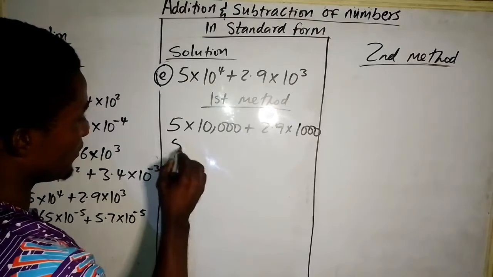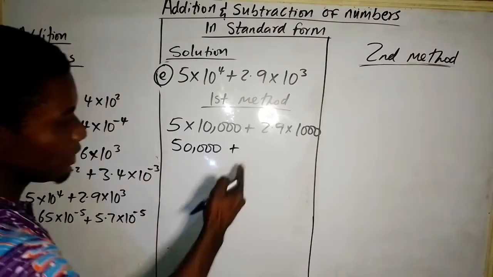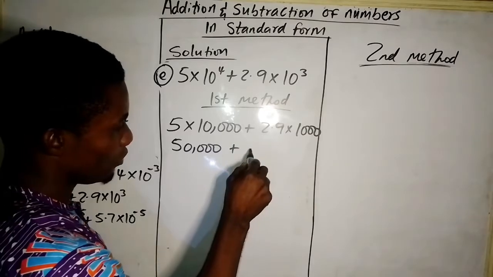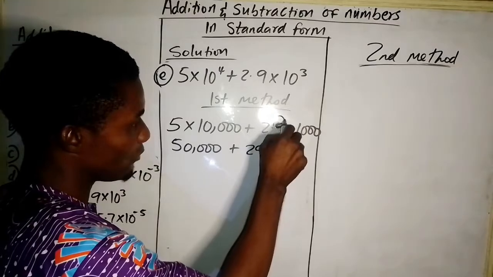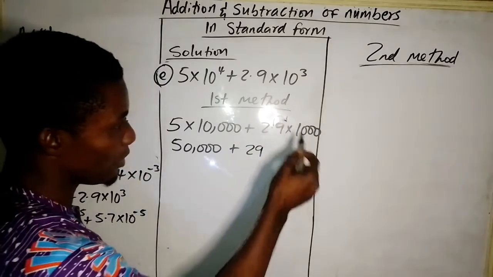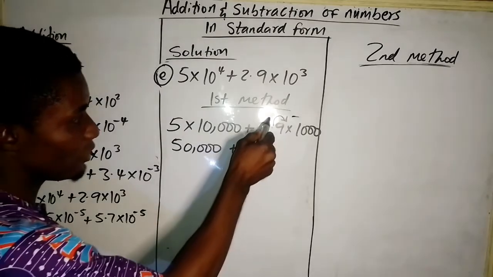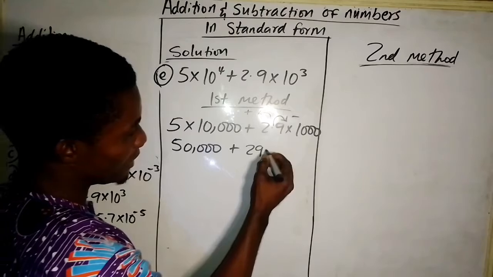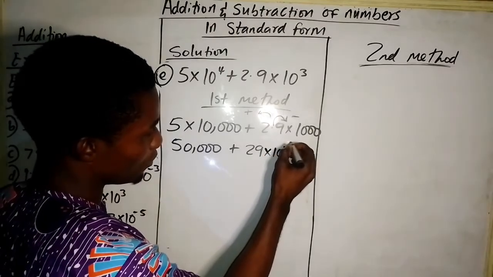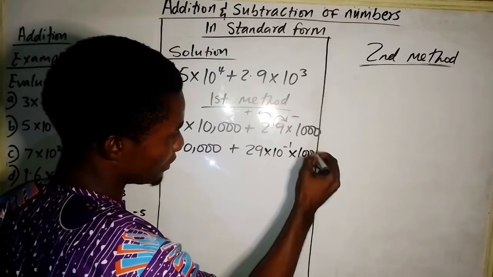So this will give us 50,000 plus, to adjust this number to be 29, we're going to have 29. Don't forget, I told you if you move your decimal point to the back, you're going to have a negative power, and if you move it to the front, we're going to have a positive power. So this will be 29 times 10 raised to power minus 1 times 1,000.